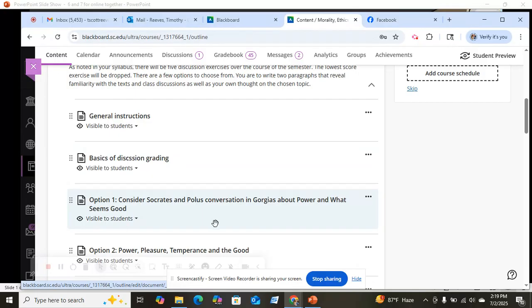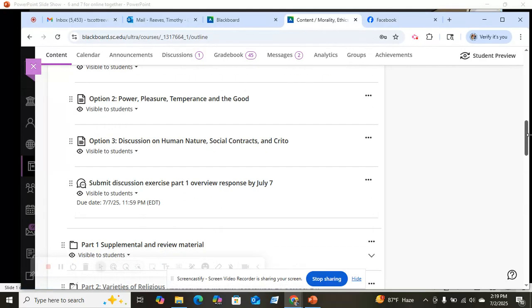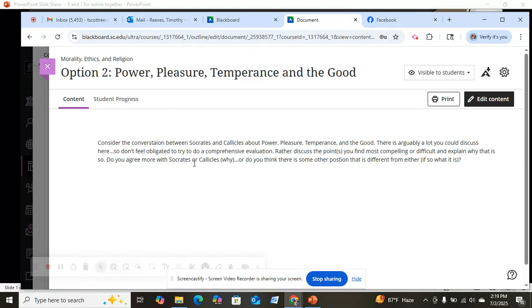Option 2 for this assignment is the conversation between Socrates and Callicles about power, pleasure, temperance, and the good. You could discuss a lot here. I don't need a comprehensive evaluation because it's a very long discussion.